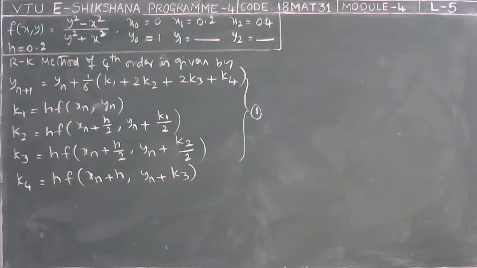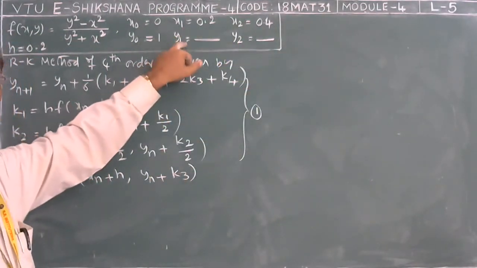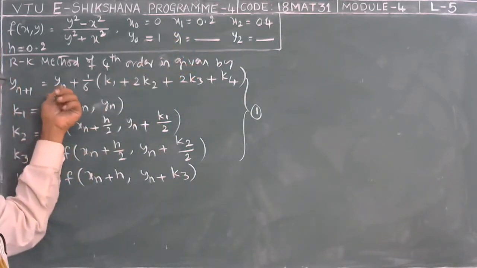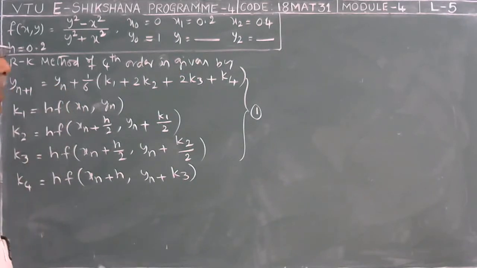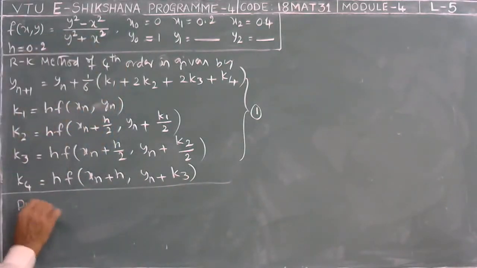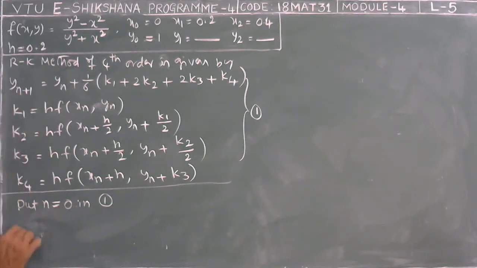Now I have to find y1 first. I cannot skip y1 and go to y2. So I have to fix n to get y1. By putting n equal to 0 in the set of equations 1, I get y1.